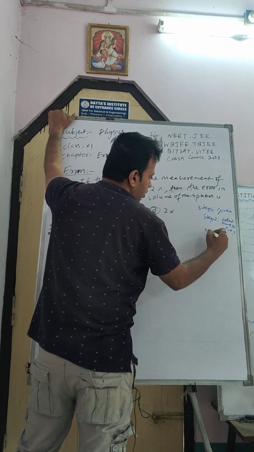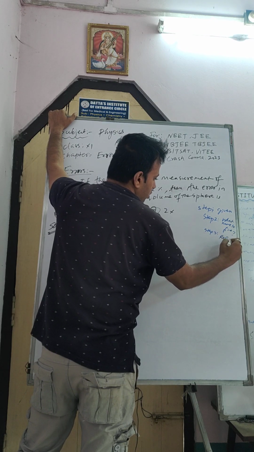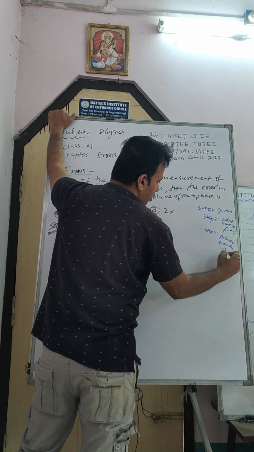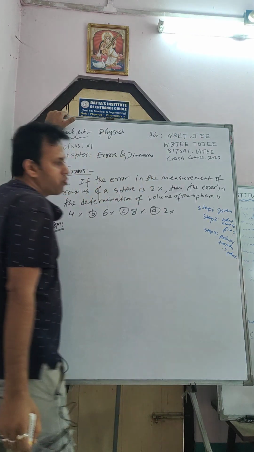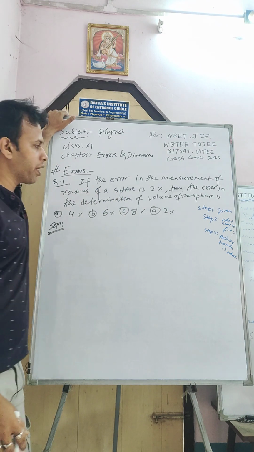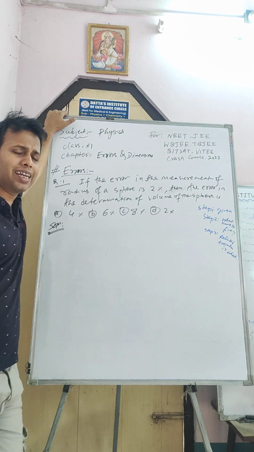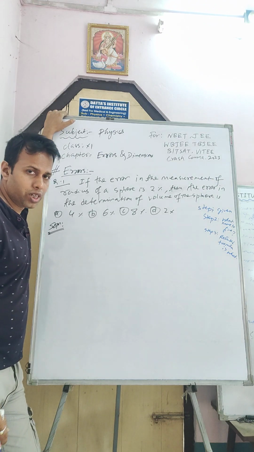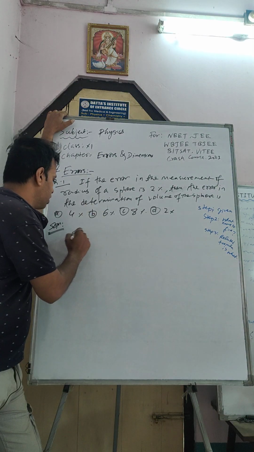And step 3, related formula. If you follow this criteria, you can solve 95% of numerical questions from physics or the physical part of chemistry, okay.